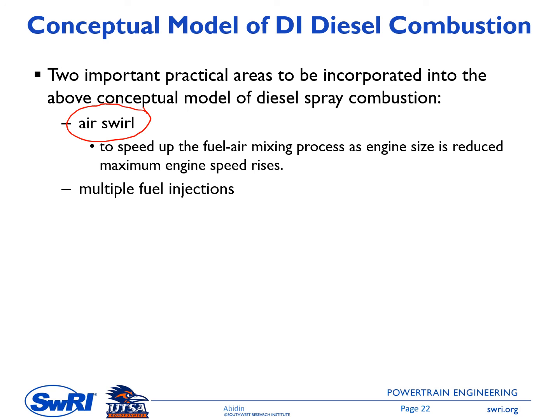So let me draw a schematic here. I have this top view, and then let's say I have 4 sprays. For quiescent conditions, this fuel spray will just flow toward the liner, and then it will mix with the surrounding air.